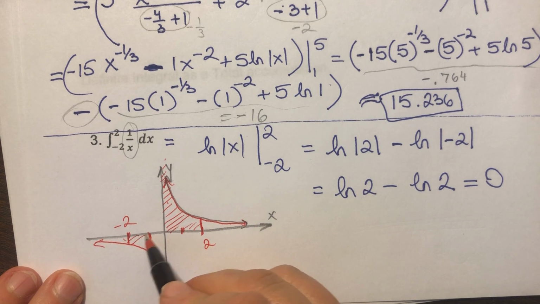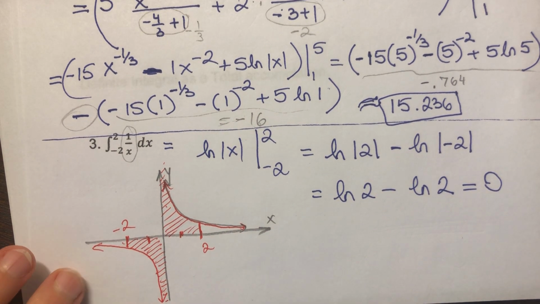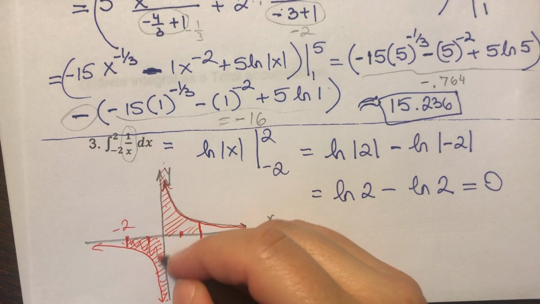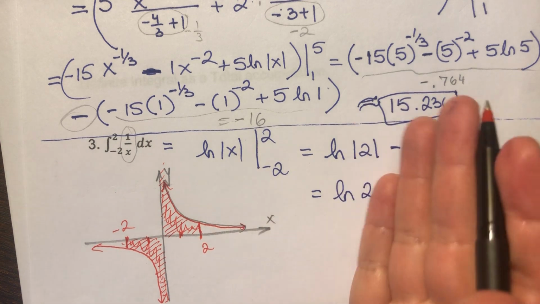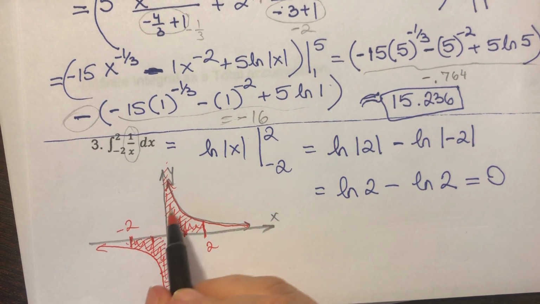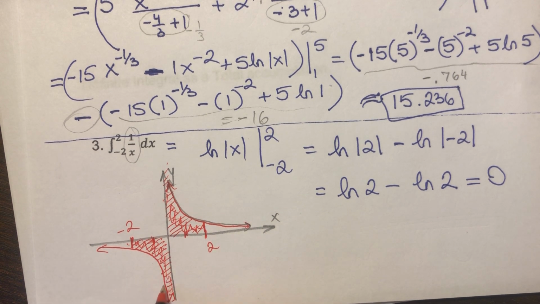And then what's the area here? It's the same thing, right? And so remember, what really is happening is that I'm getting the area from here to here minus the area from here to here. They are symmetrical. They look exactly the same. So this little piece minus this positive piece, I should say, minus this positive piece from here, they add up to 0.